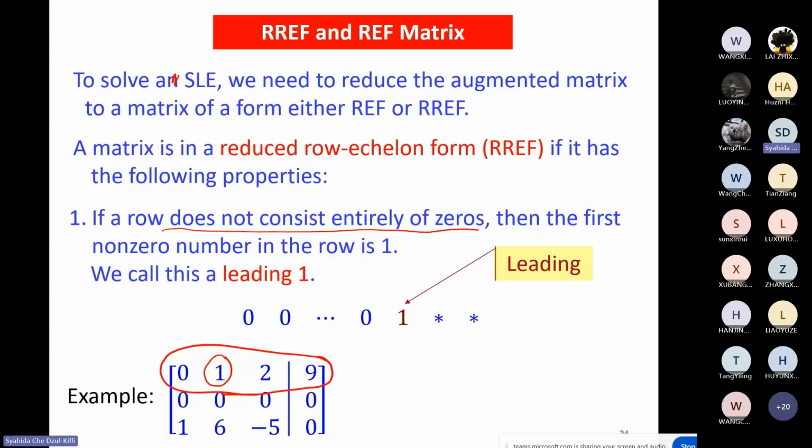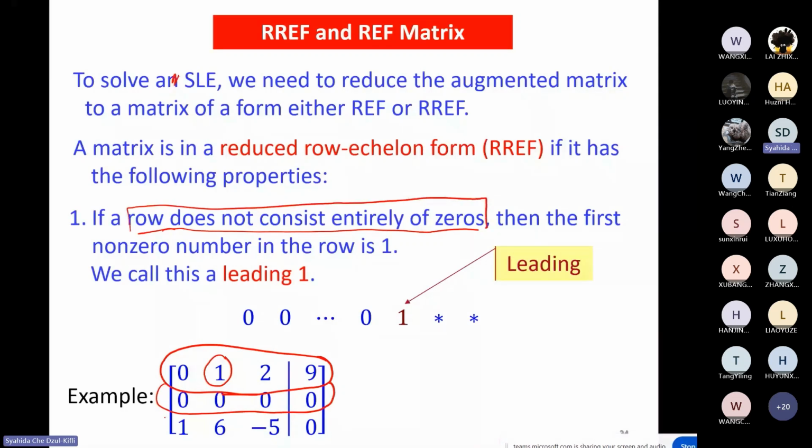For the second row, they are all zeros, so we don't have to identify a leading one. Remember that we only consider rows that do not consist entirely of zeros.